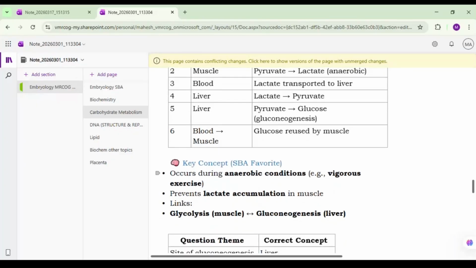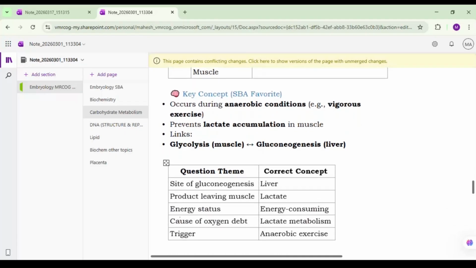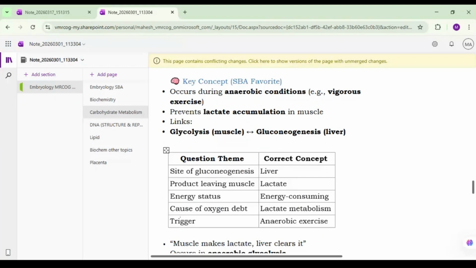Glycolysis in the muscle and gluconeogenesis in the liver are linked to each other via the Cori cycle. The site of gluconeogenesis is the liver.